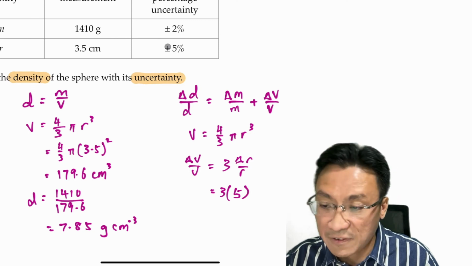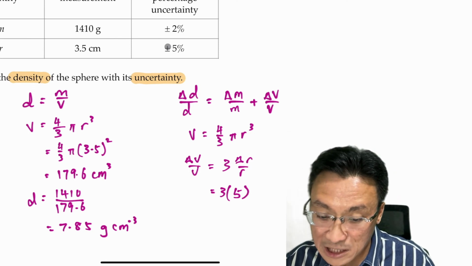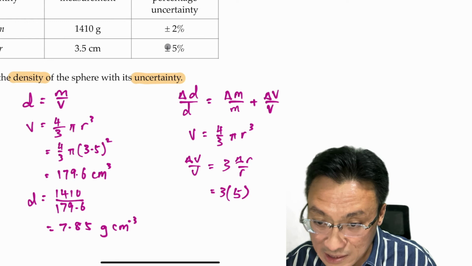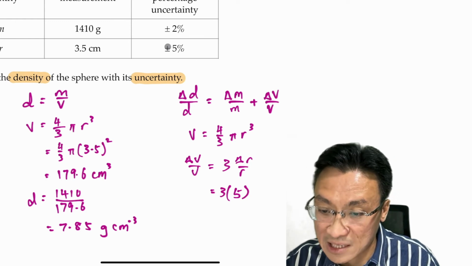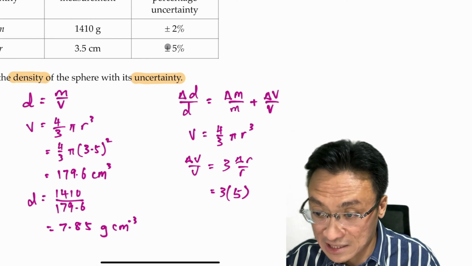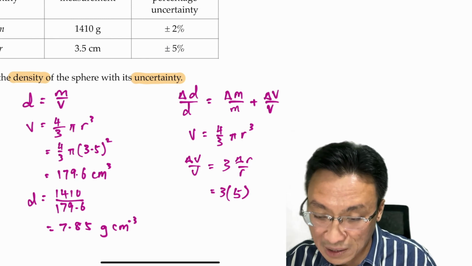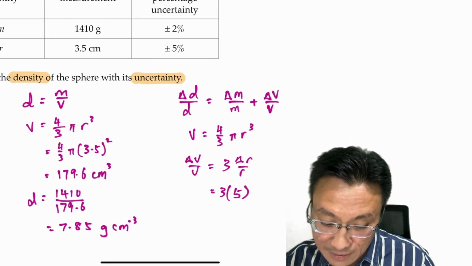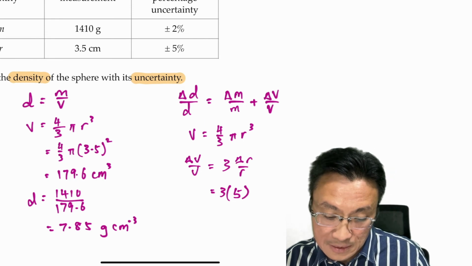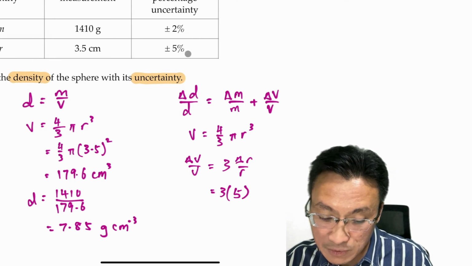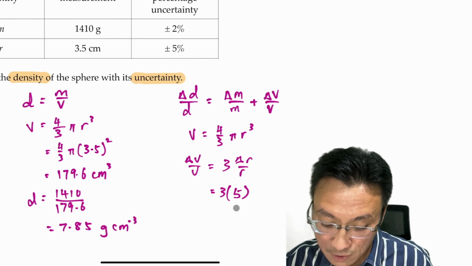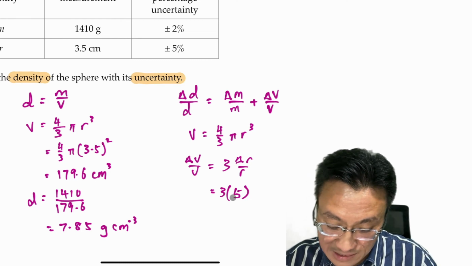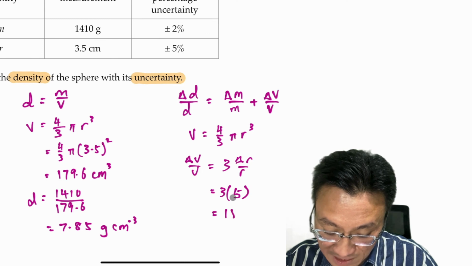Okay. Fractional uncertainty and percentage uncertainty are quite similar. The only difference is percentage uncertainty. In percentage uncertainty, you have to multiply by 100. Right? So in this case, since this is already given as percentage, I shall proceed to find my answers in terms of percent. So this is 15%.